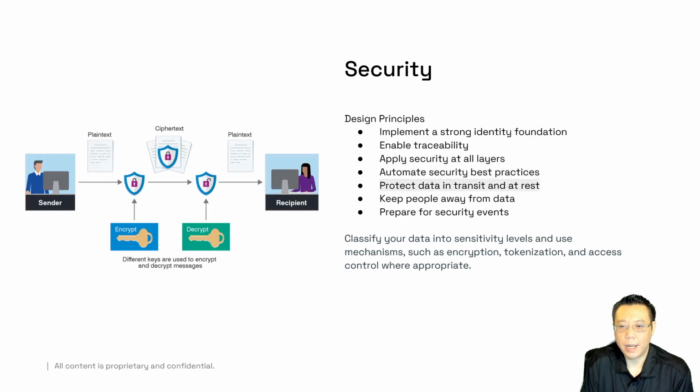Next, we have protect data in transit and at rest. Some people think about this in terms of encryption only, but you should think about encryption as one piece of the pie. Encryption means that you don't want anyone else to read something over a channel in case someone captures your content. If you're logging into a bank on a website, you naturally want encryption in transit, SSL, TLS, and you expect your bank to encrypt your login and password because you don't want anyone sniffing the traffic to be able to read them and get into your account.